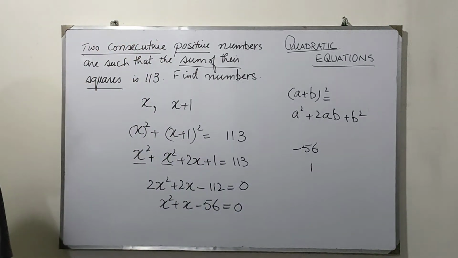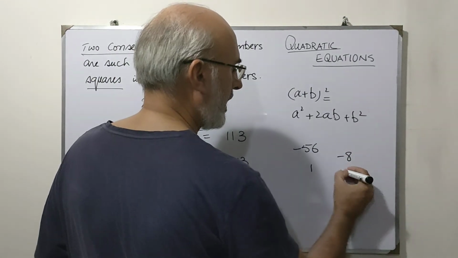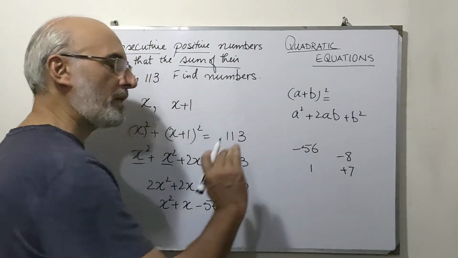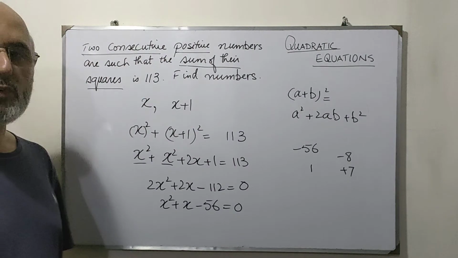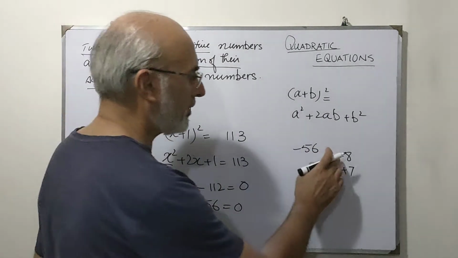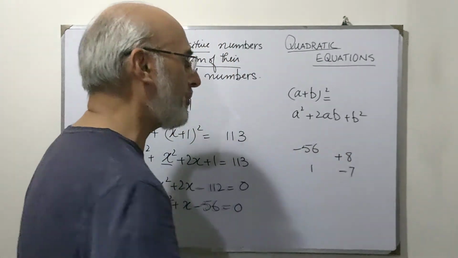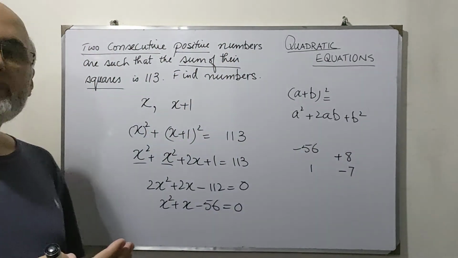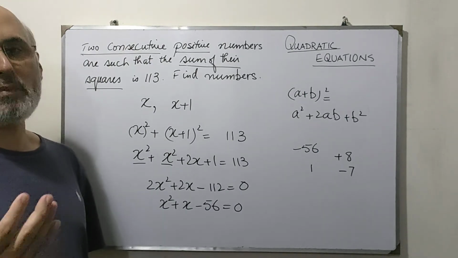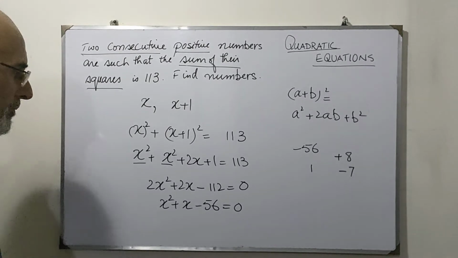So what could be the two factors? Simple. I made a mistake. It's plus 8 and minus 7, right? When you multiply 8 and minus 7, you get minus 56, and when you add them, you get positive 1. Okay?